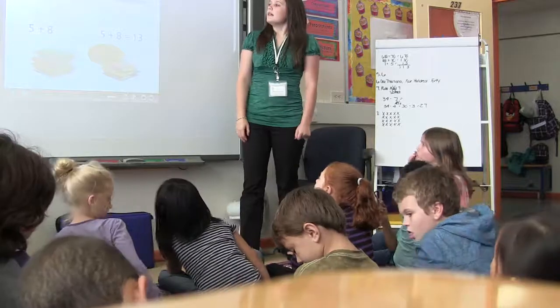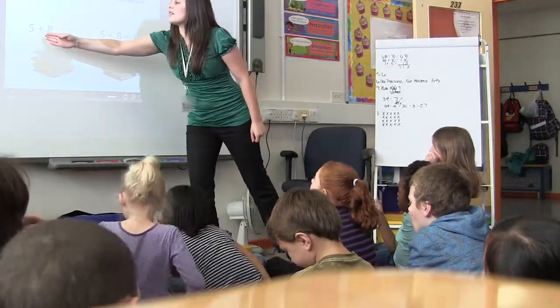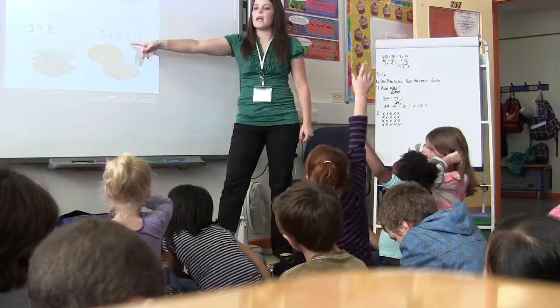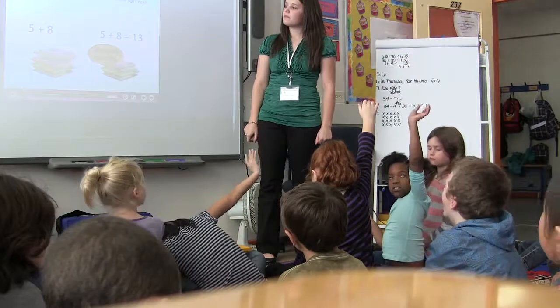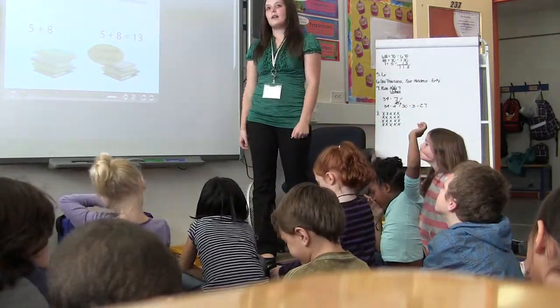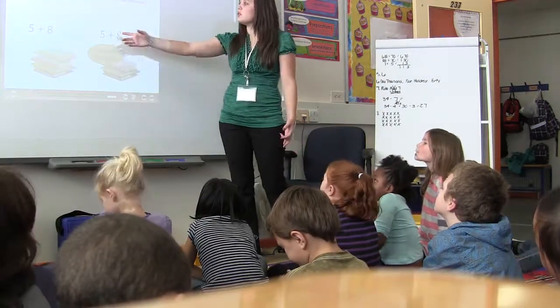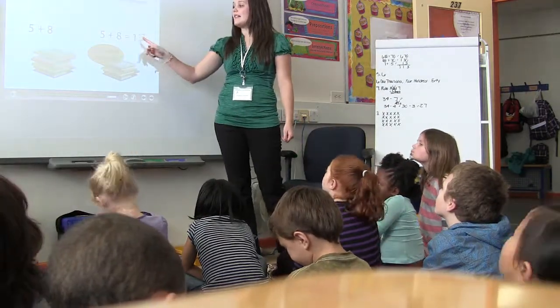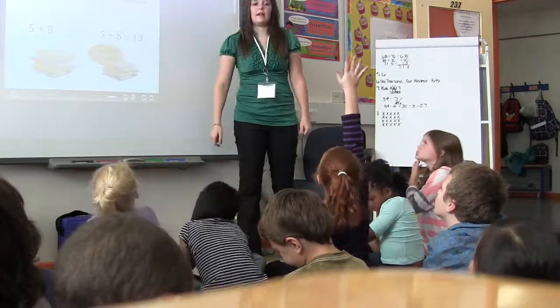How is a numerical expression different from a number sentence? Hannah. It doesn't have an equal sign or sum. Could a number sentence have a difference? Yeah. What would be our operation then?